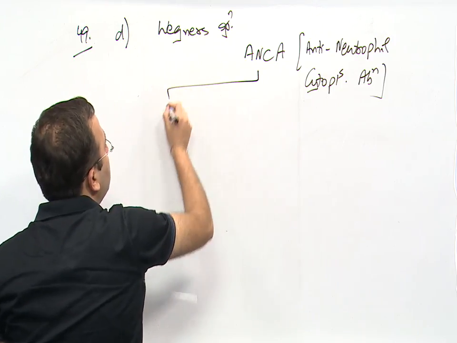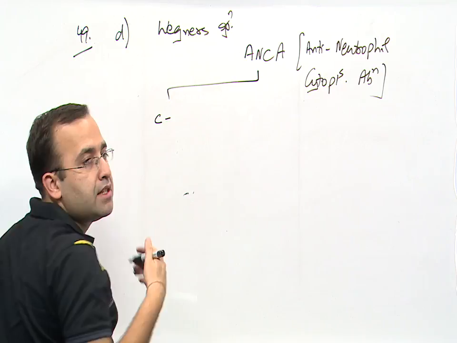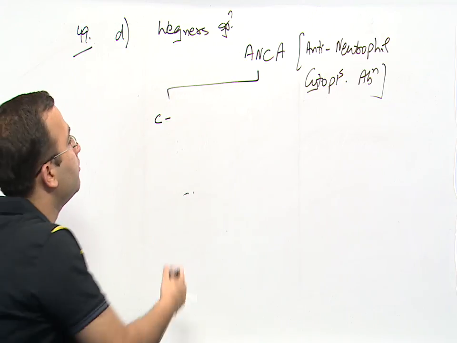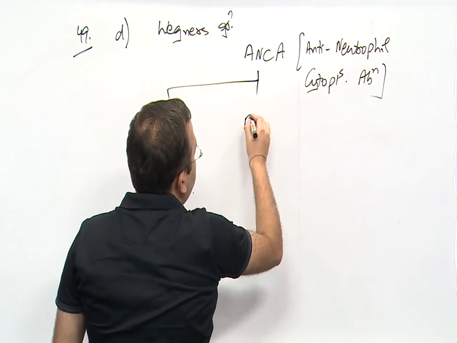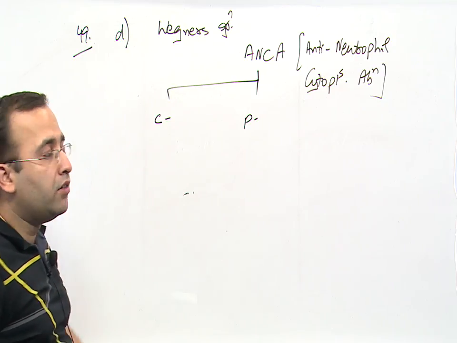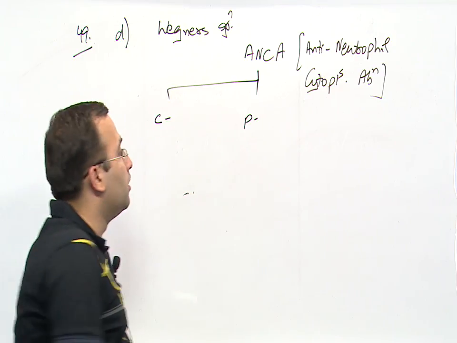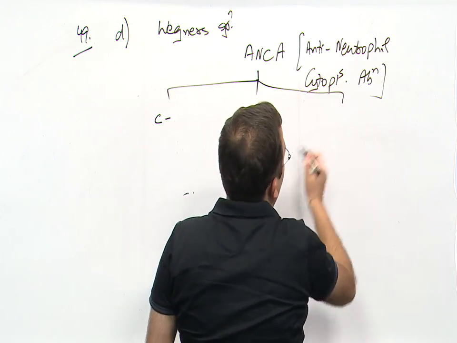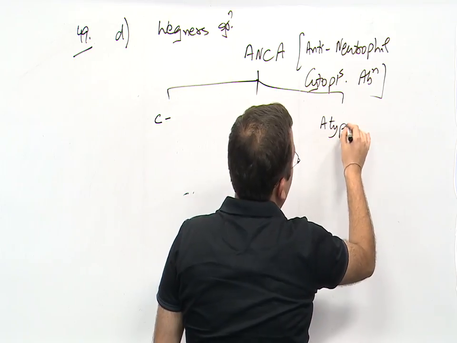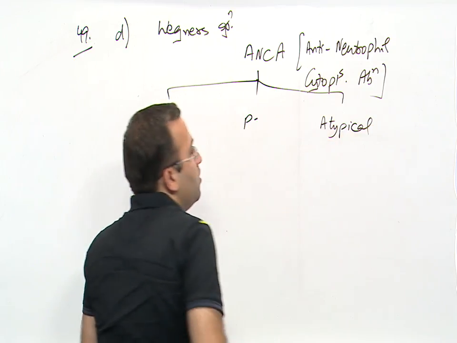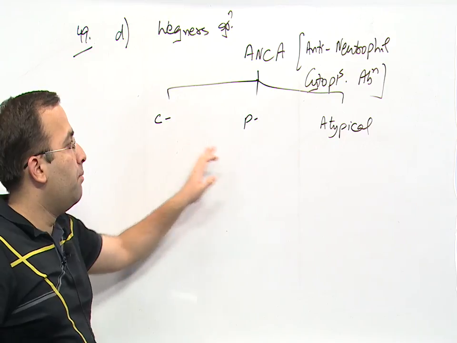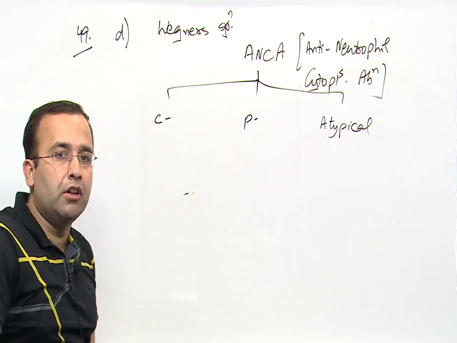C ANCA, that is cytoplasmic ANCA. P ANCA, that is perinuclear ANCA, and atypical ANCA.